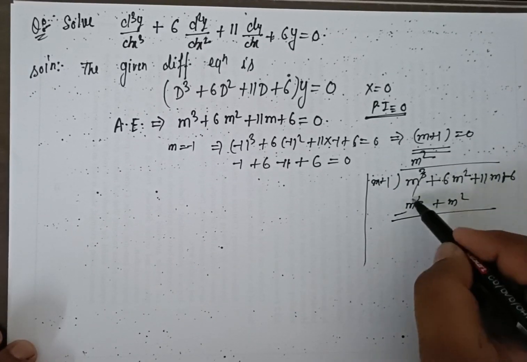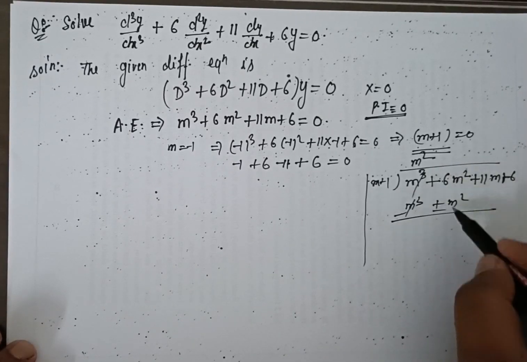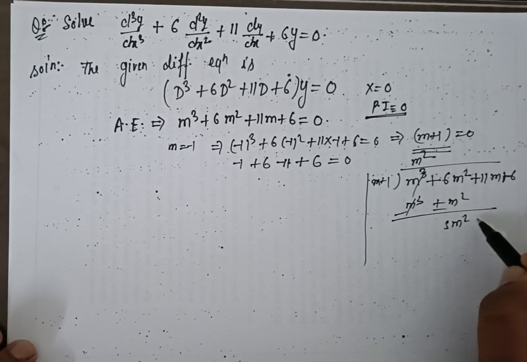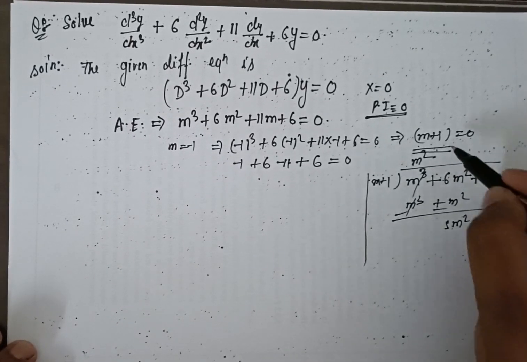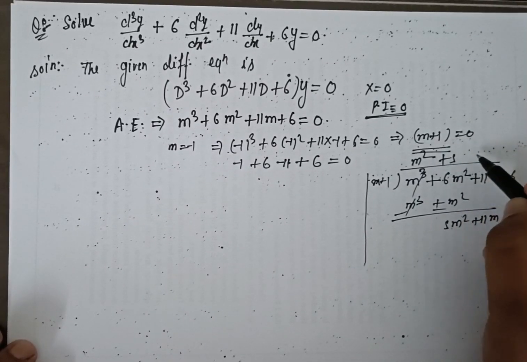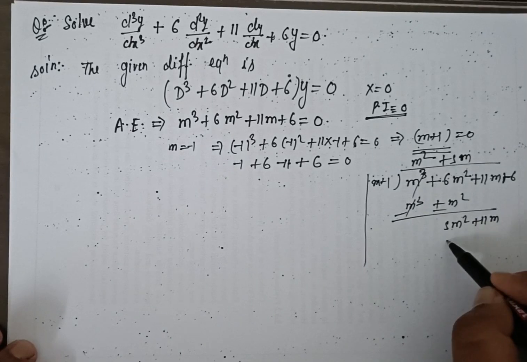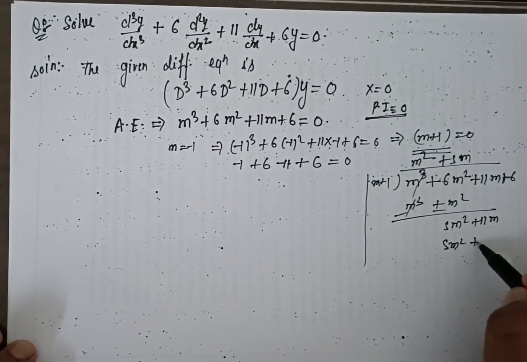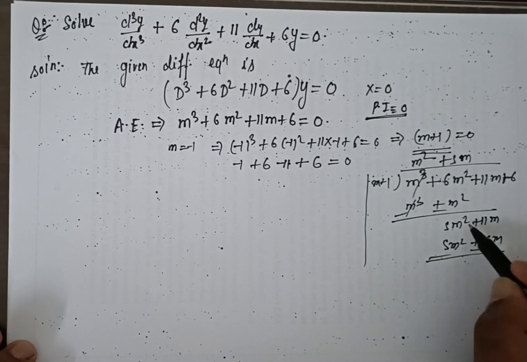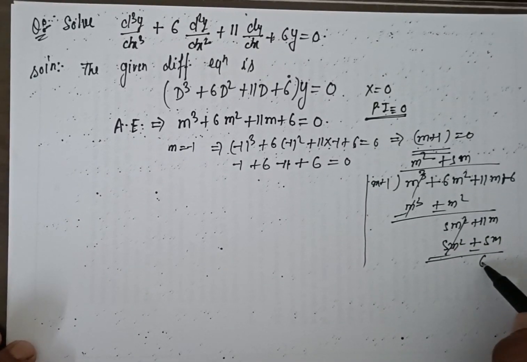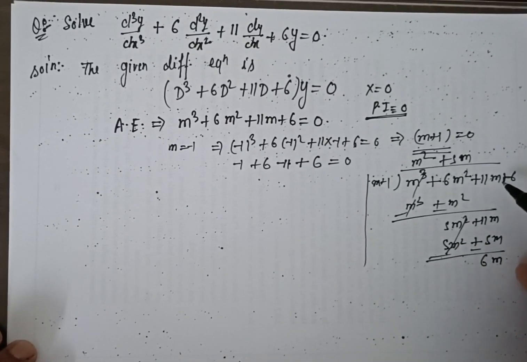On subtracting, these cancel out, and we have 5m square plus 11m. Now multiply by 5m, so it is 5m square plus 5m. Then on subtracting, it is 6m, and we have here plus 6.